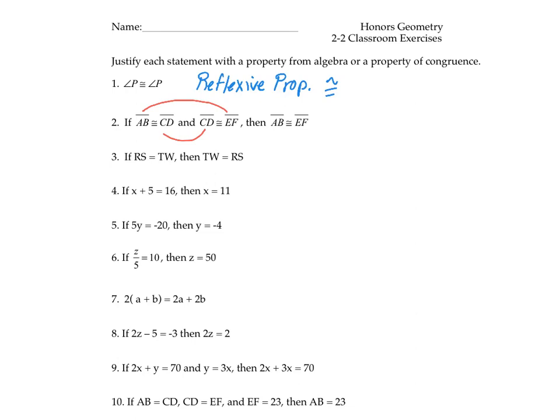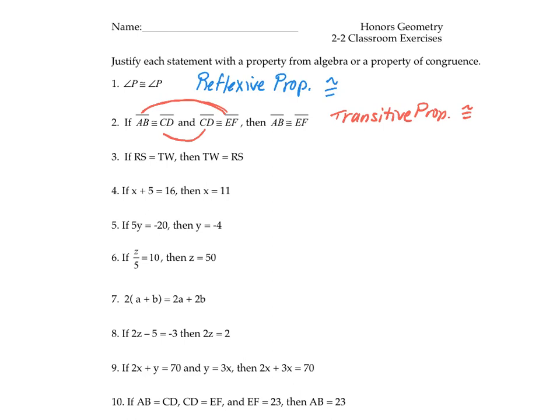And since we have congruence, this is an example of the transitive property. The key to the transitive property is looking for the pattern. So we have AB congruent to CD. CD is that bridge. CD congruent to EF. Then the first item mentioned has to be congruent to the last item.